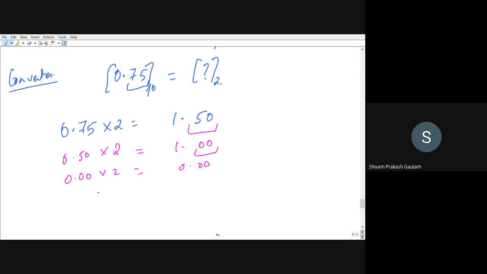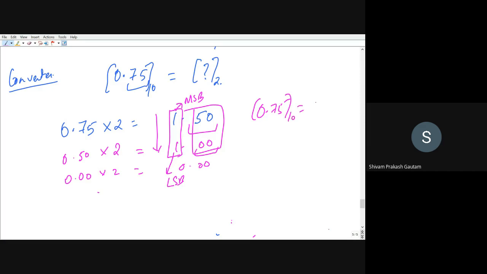Now you have to neglect the points after the decimal, and you have to take the digits before the decimal point, and follow this flow. In this case, the first will be the MSB, the most significant bit, and the last will be the LSB, the least significant bit. So 0.75 in base 10 will be equal to 0.11 to the base 2.